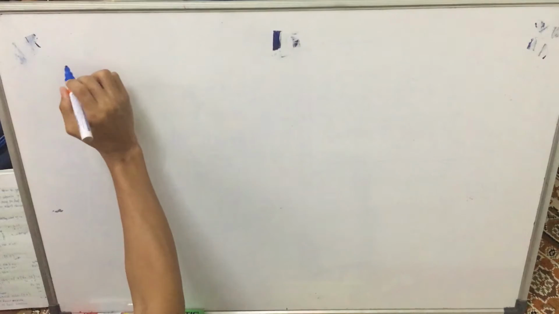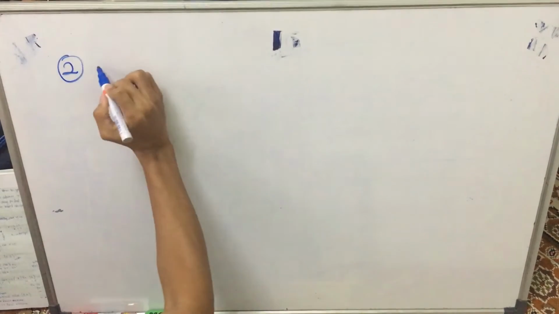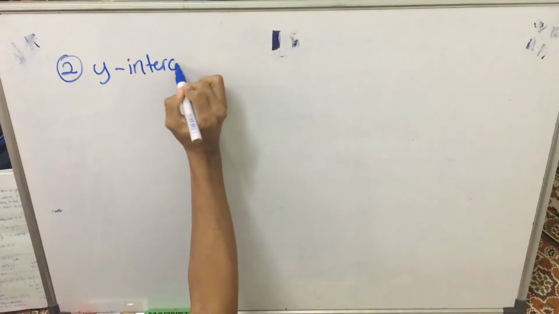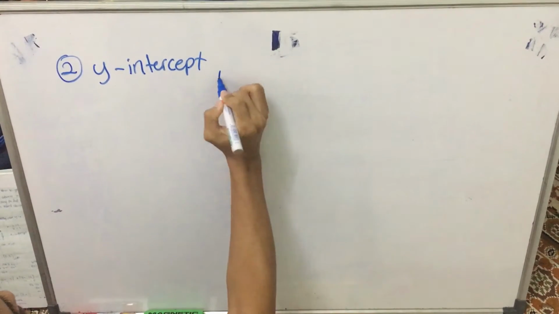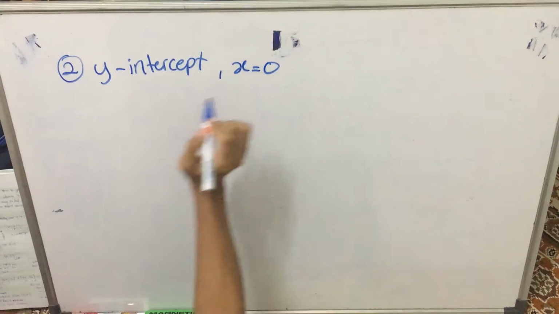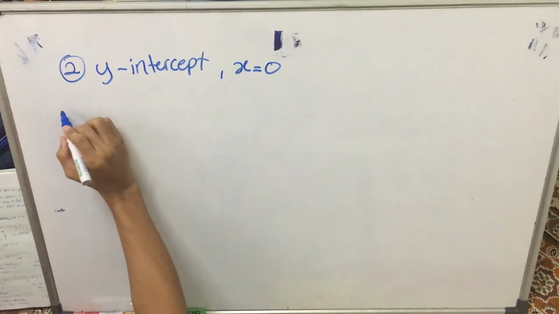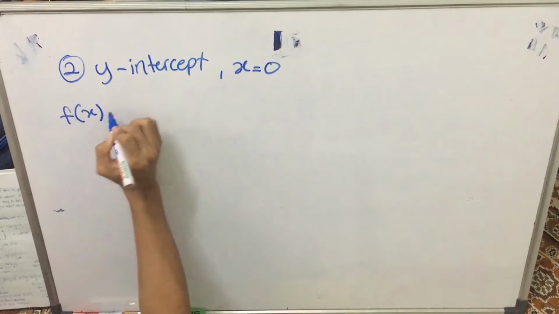So the second one, we need to determine the y-intercept. Use x equals 0. So the function equation is f(x).